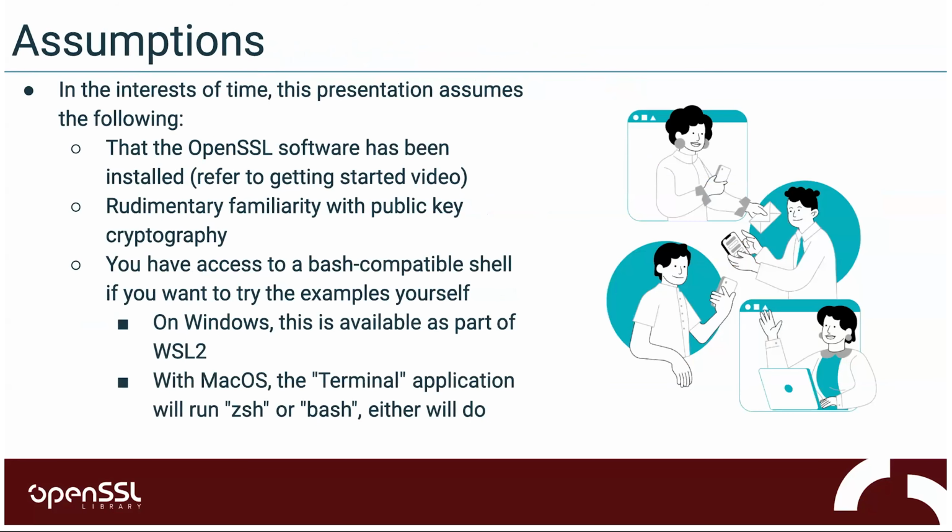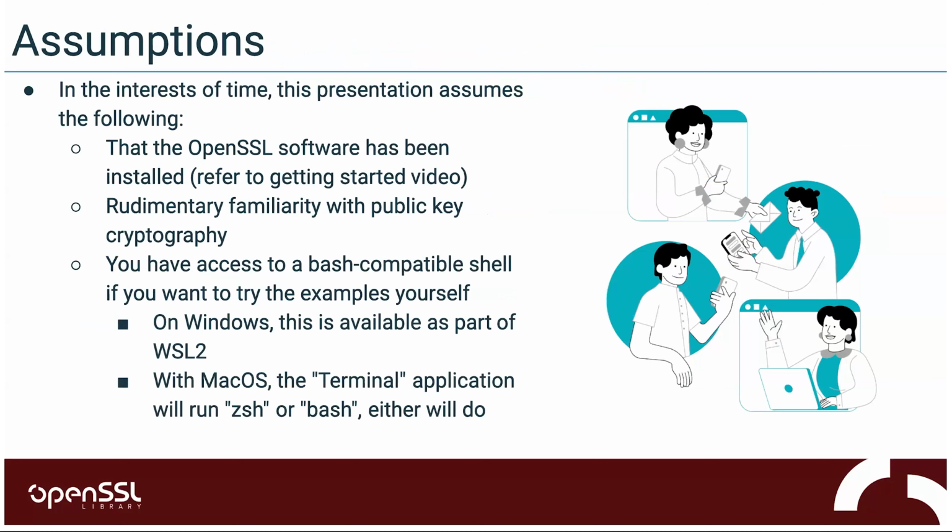Okay, assumptions. It'll be extremely helpful if you have the OpenSSL software available to you already installed, or will do so soon. I assume very rudimentary familiarity with public key cryptography. Just so long as you know what a public-private key pair is, you're pretty much in good shape.